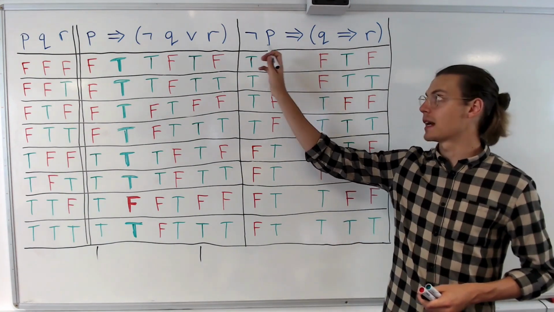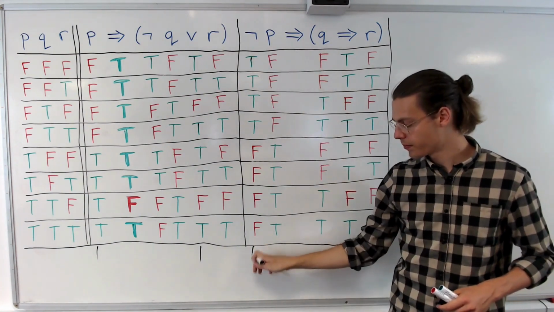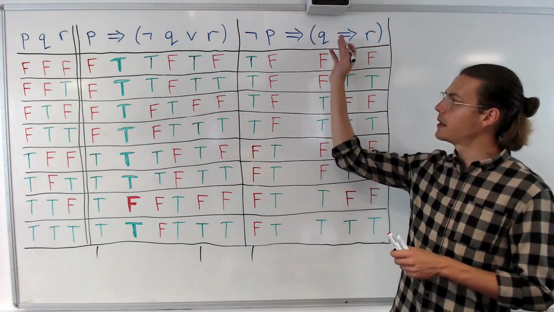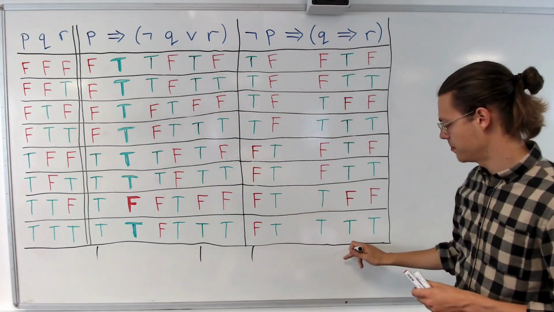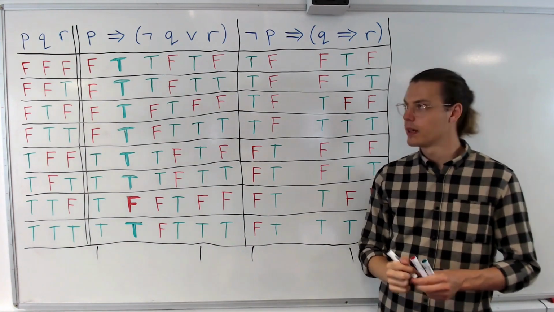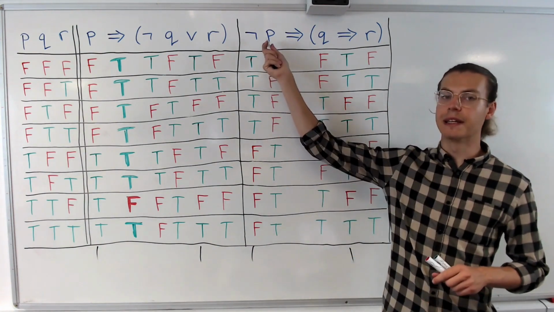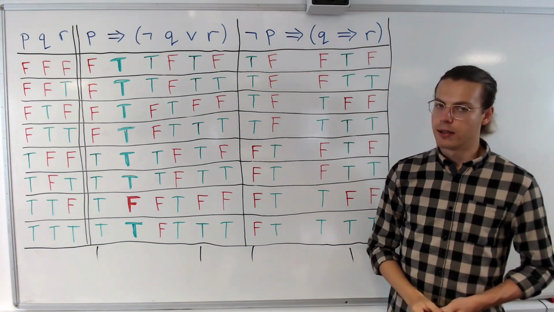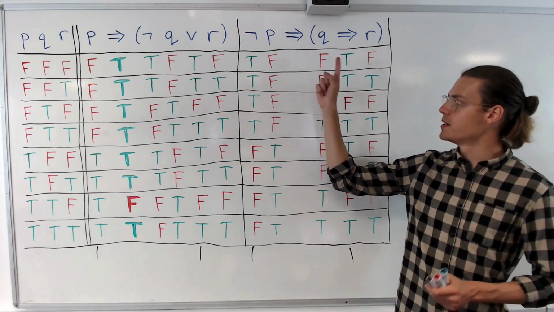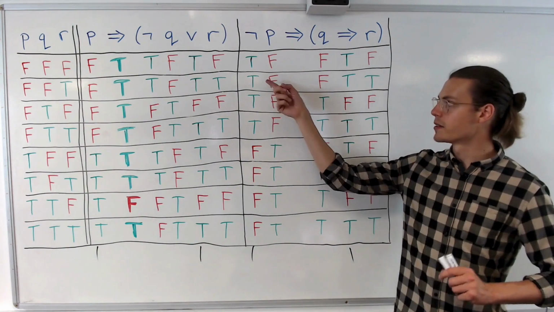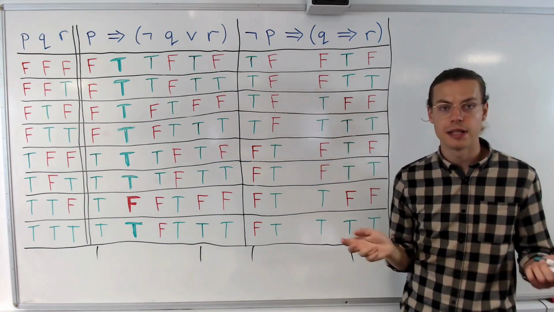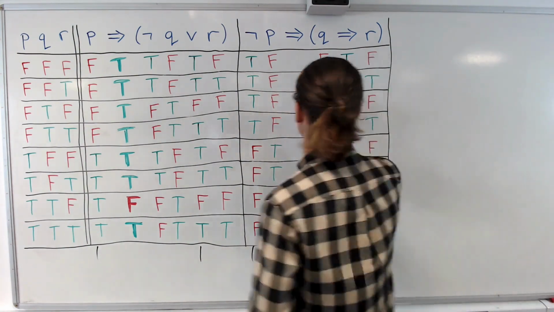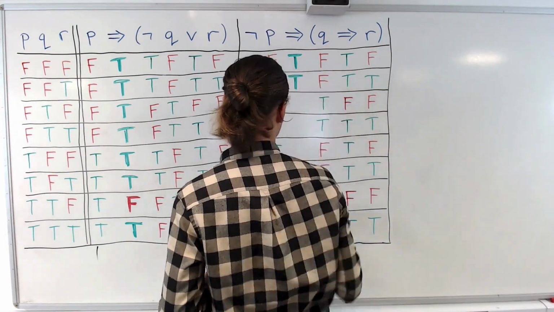And finally, we can evaluate the implies operator. And we want to look at the not column and this implies column. And that will give us not P implies Q implies R. So first up, true implies true, and again true implies true. These are true.